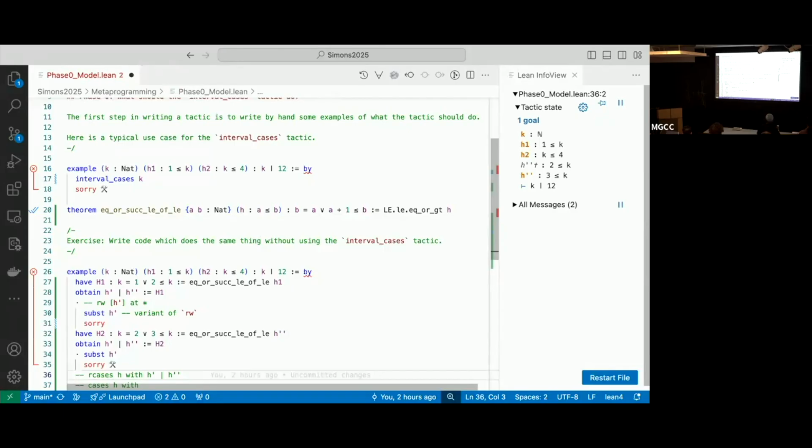So first of all, in general, my suggestion is never do something if you have an error in the line before. You see that he's complaining about H1. If you don't want to fix this part, just put sorry. You can work on H1 later, but if you have a red squiggle, don't keep on working.